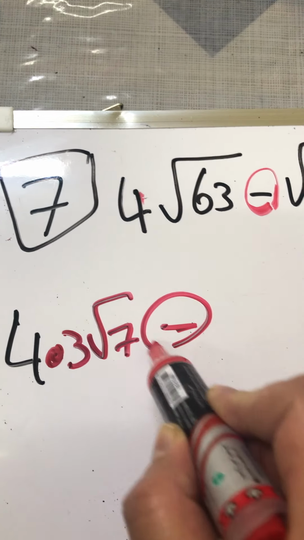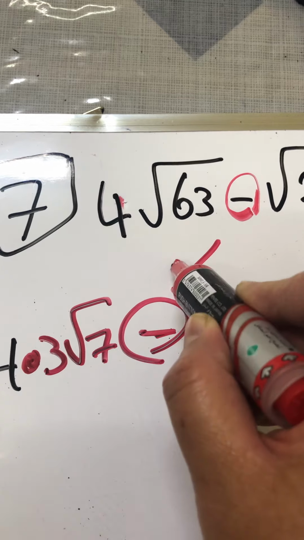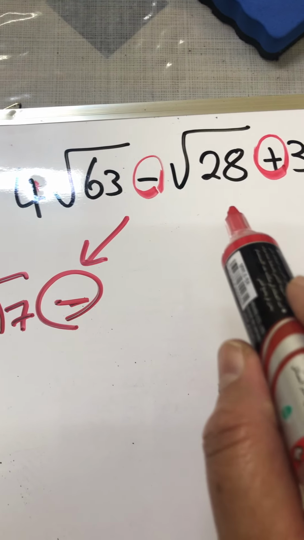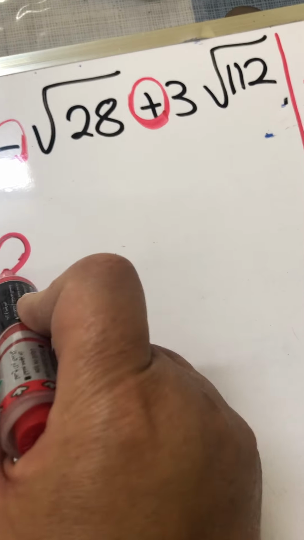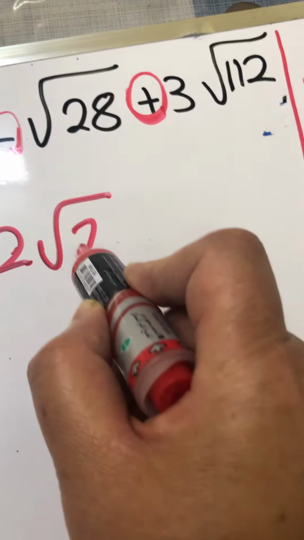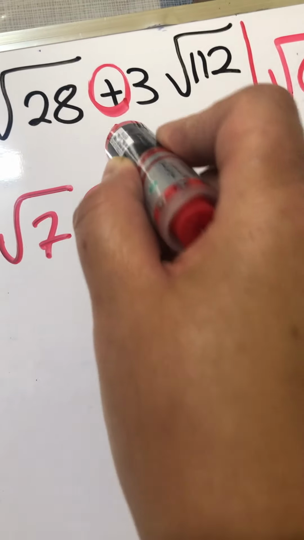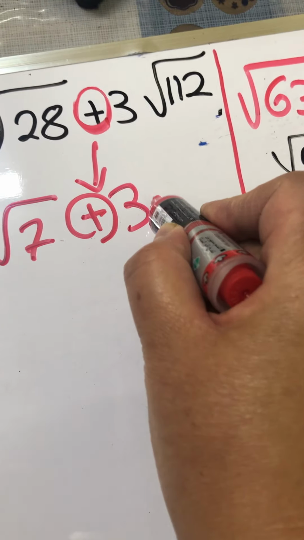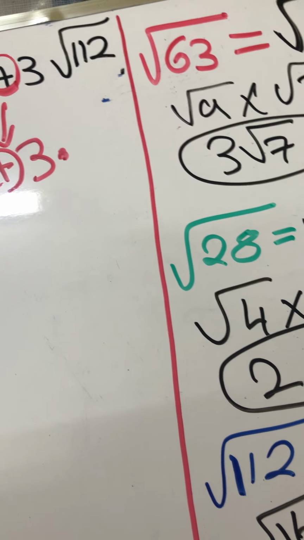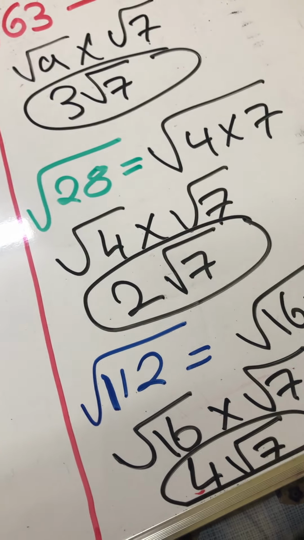And I have here subtraction. Square root of 28 is 2 square root of 7. So I'll write it 2 square root of 7 plus 3 multiply square root of 112 is 4 square root of 7.